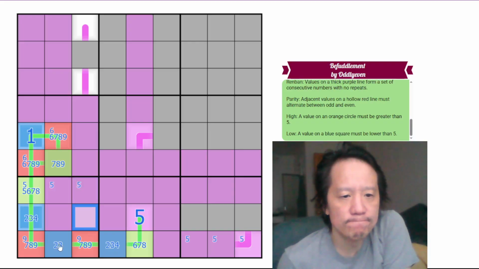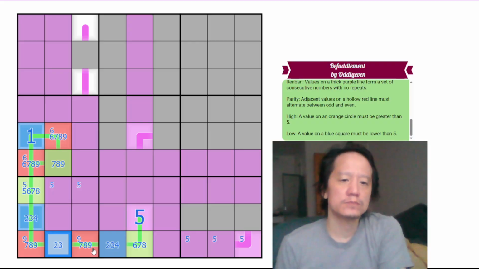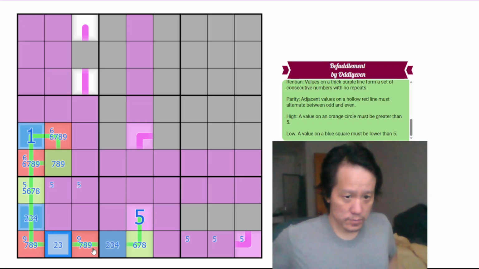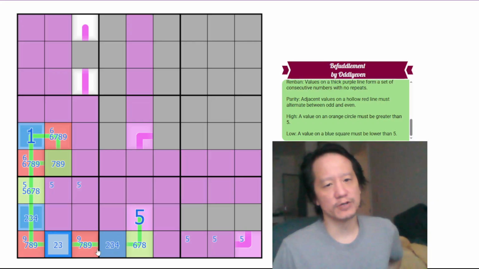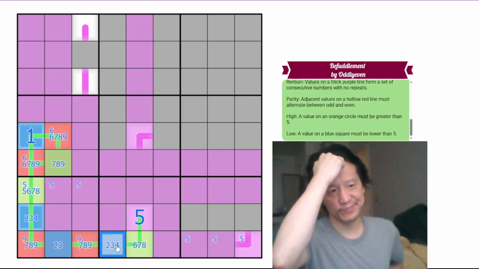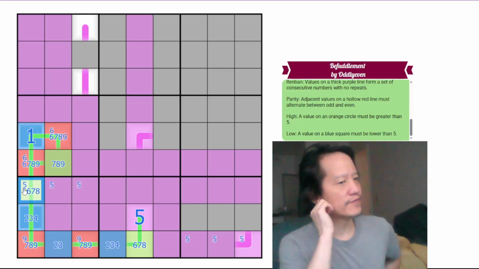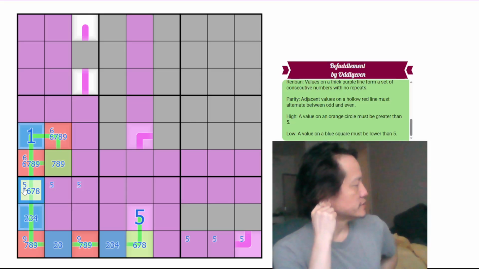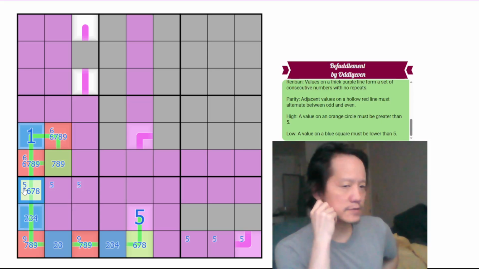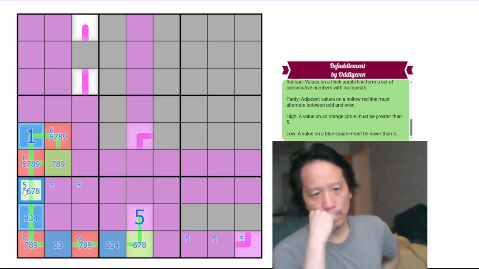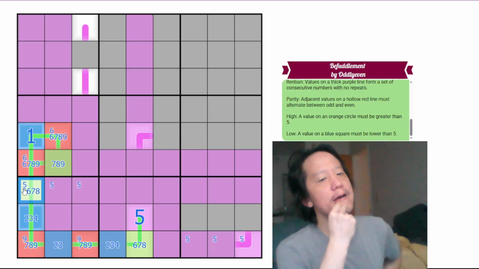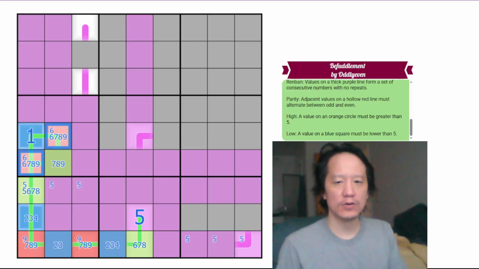Okay. This seems pretty broad still. If this is the 6, obviously this can't be 5 doubled, because 10 is not 5 away from 6. Oh, neither of these can be 9 here, because we're guaranteed one of these is a 9.